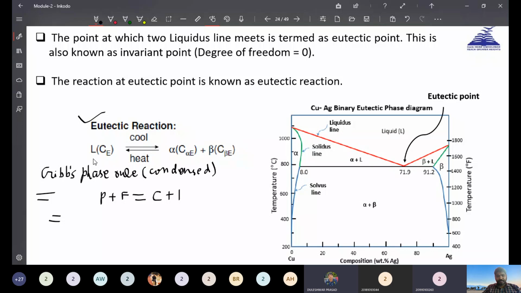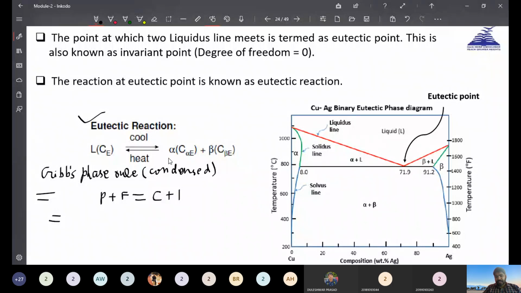Three phases are present. One is the liquid phase and the other two are solid phases. So in total, when there is a transformation at this point, three phases are in equilibrium. Don't take these two as one phase. These are different solid phases.